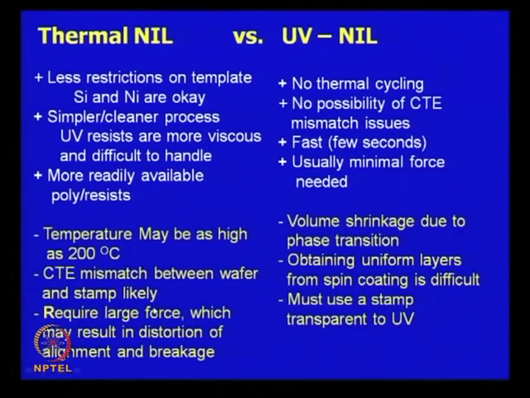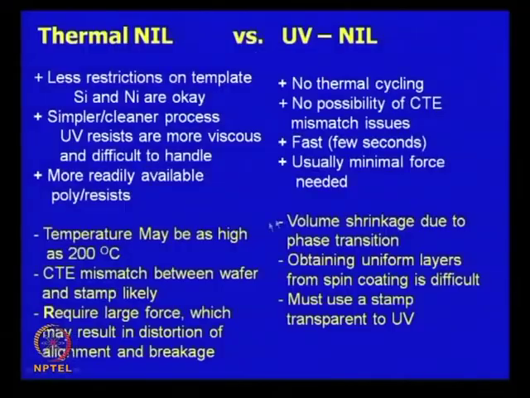That is a real problem in nano imprint lithography, and you understand by now that a stamp is a really costly piece of hardware. So, if there is a breakage, it is going to pinch you hard, getting a replacement stamp and things like that.